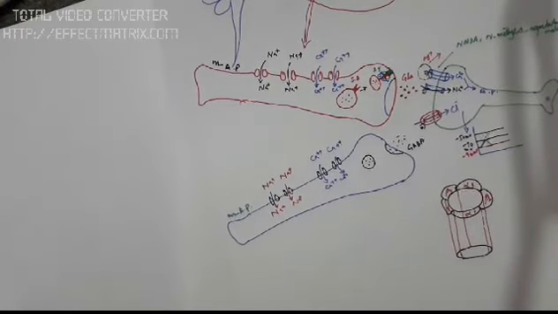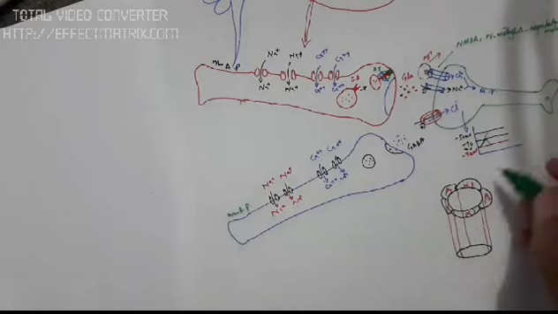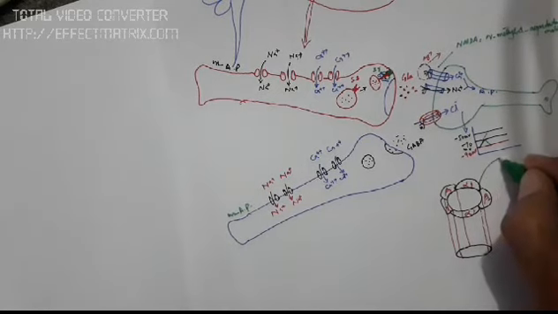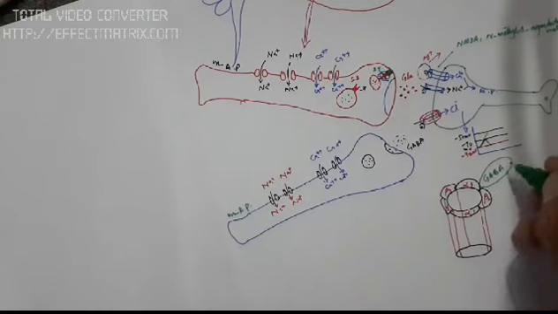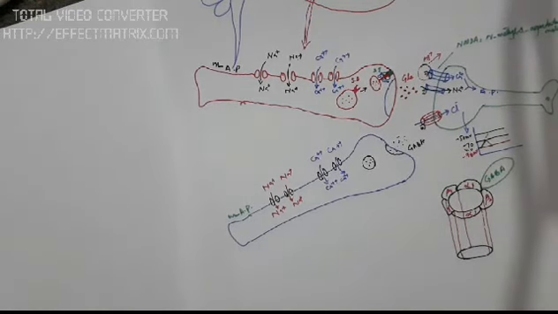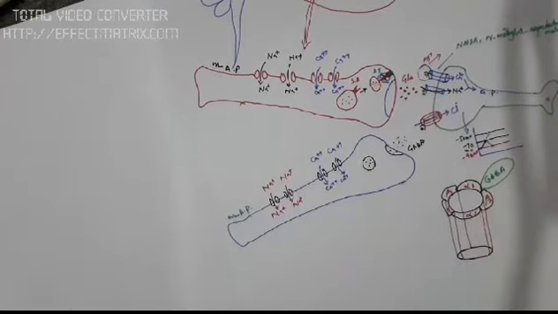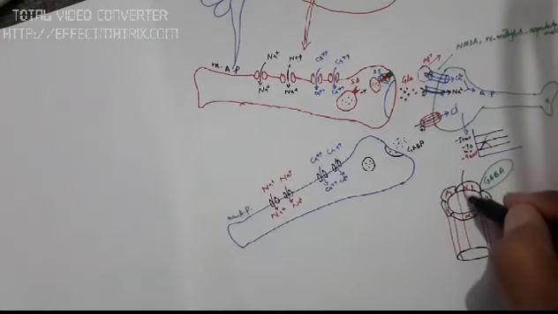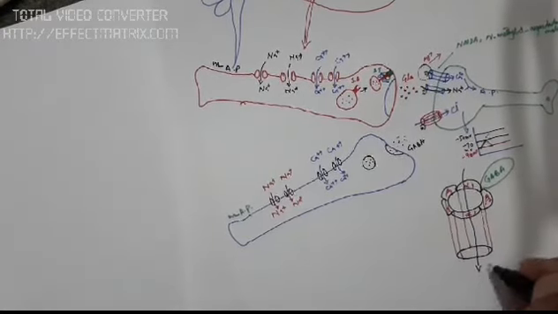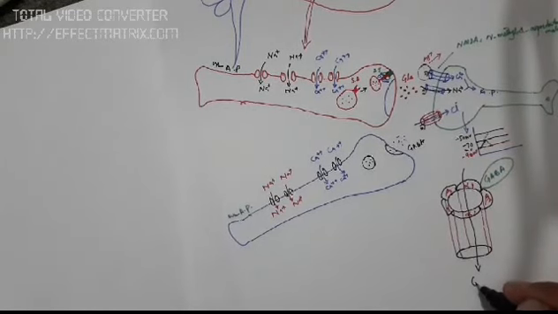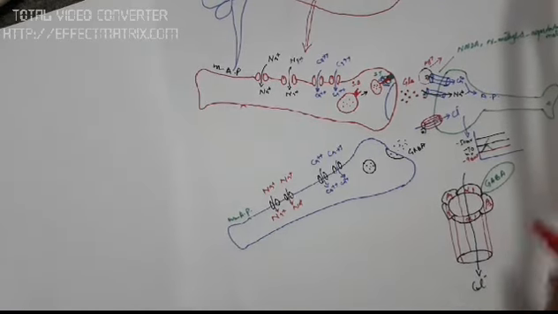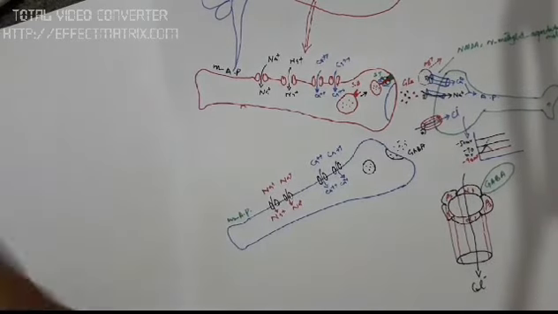So there are different binding sites at this channel. This is the GABA binding site. When GABA is bound over there, it causes the opening of this channel, so chloride ion is loaded inside the neuronal cell. This is the benzodiazepine binding site.